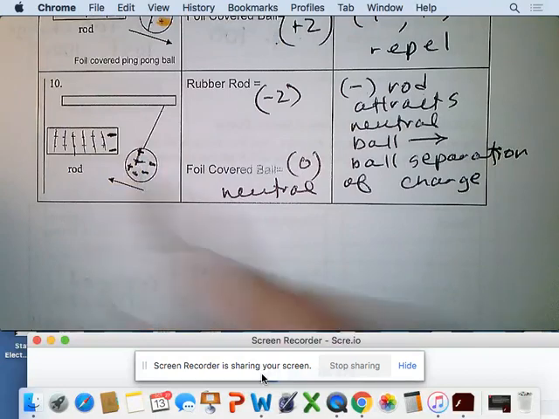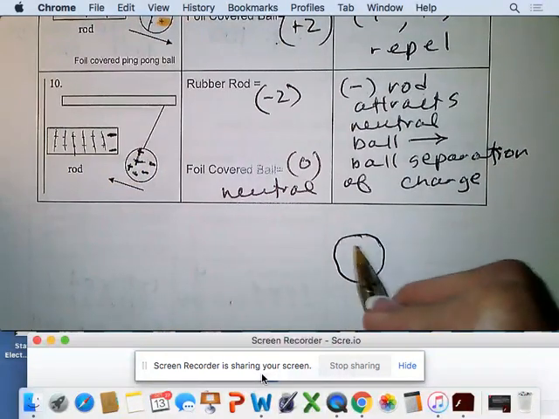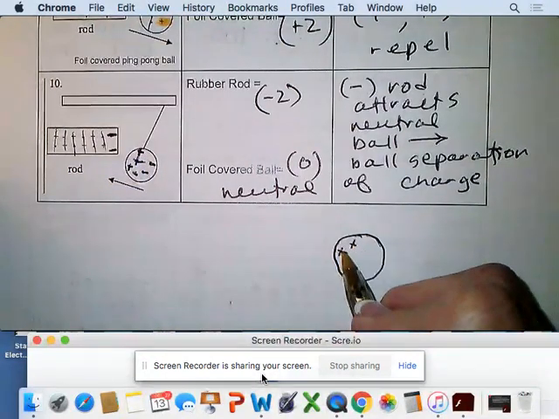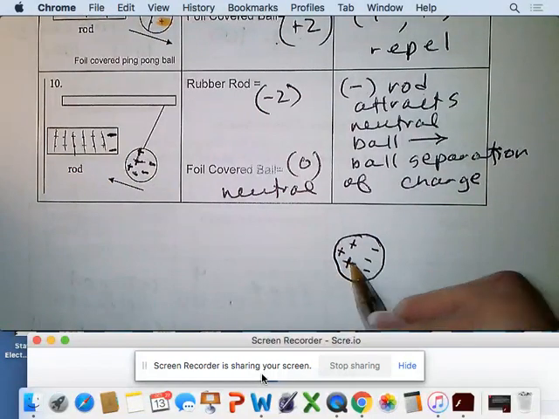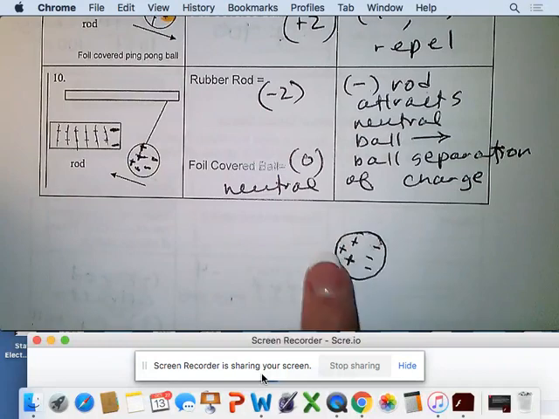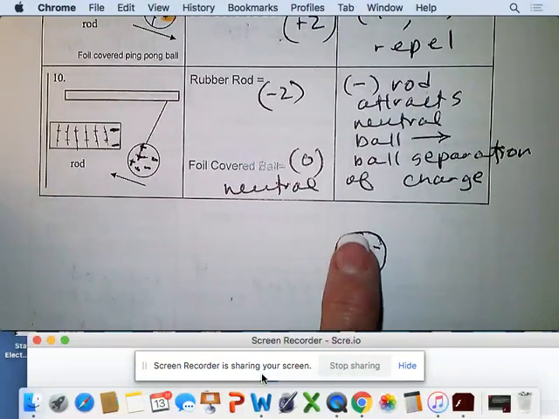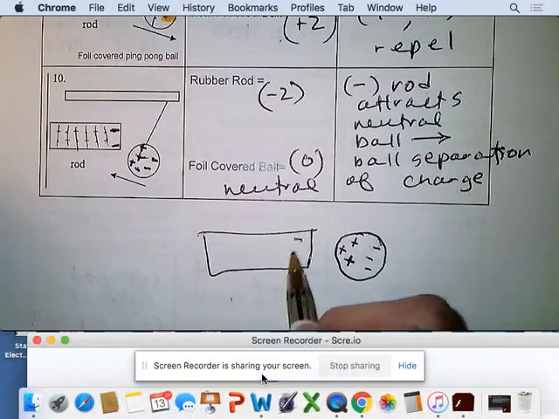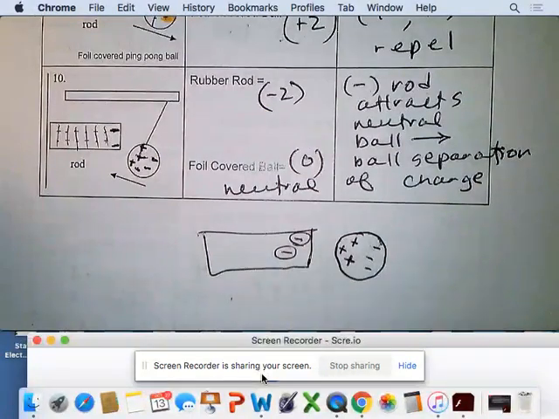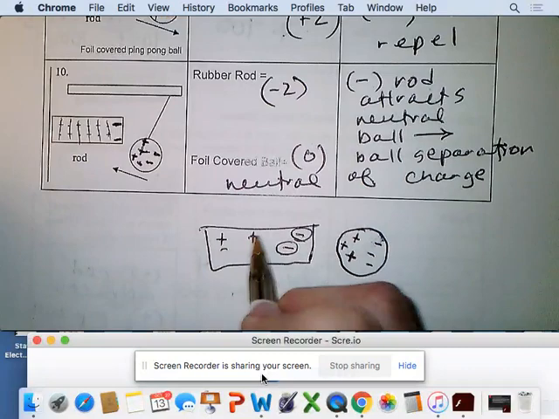So even though my drawing isn't super good here, what I was trying to show is sometimes we can see on an object, even though it stays neutral, a separation of charge where the positives are pulled to another object that has a negative charge. Okay?